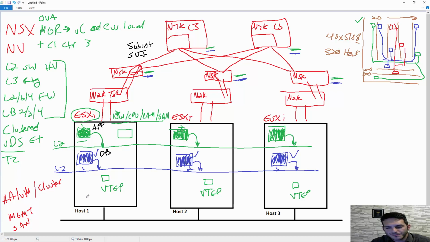Now what ends up happening here is I create a distributed logical router, or a DLR, and what I do is I configure what they call LIFs, and what these LIFs are is a logical interface.